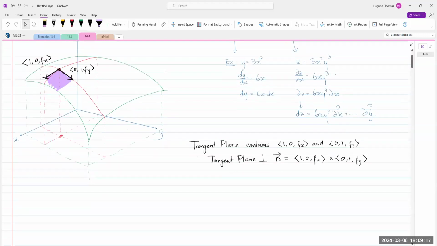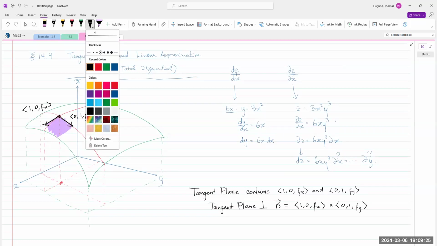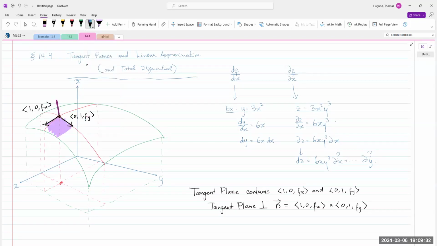So if we look back to that graph, the normal vector will be this one, maybe.